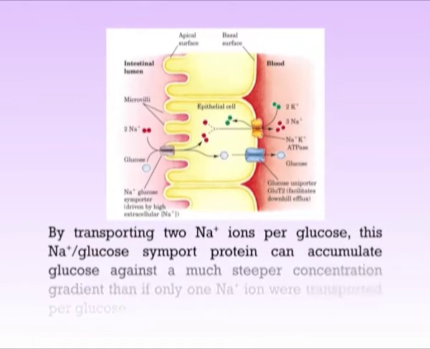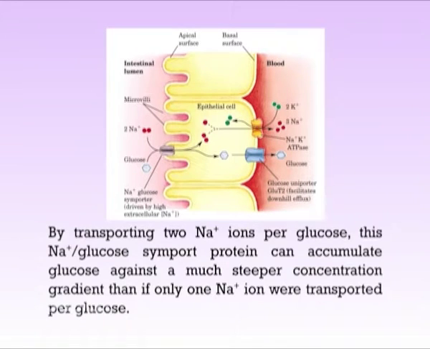By transporting 2 sodium ions per glucose, this sodium-glucose Symport protein can accumulate glucose against a much steeper concentration gradient than if only 1 sodium ion were transported per glucose.